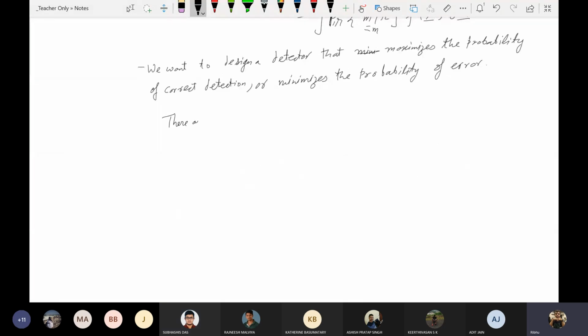There are m possible symbols, n dimensions. In case of orthogonal signaling, m and n will be equal. Otherwise, the number of symbols will be more than the number of dimensions.